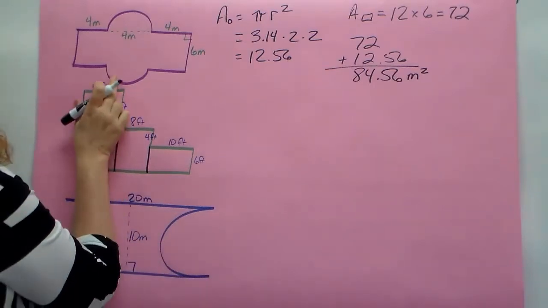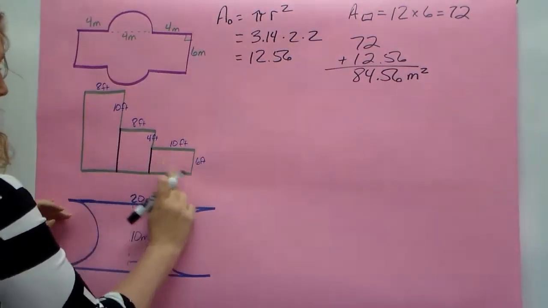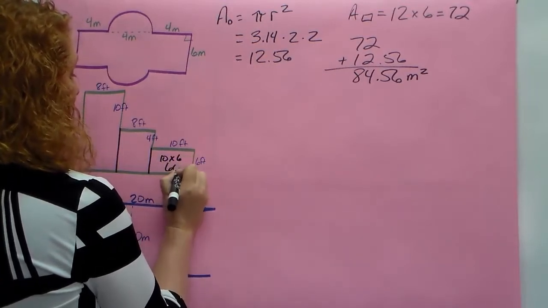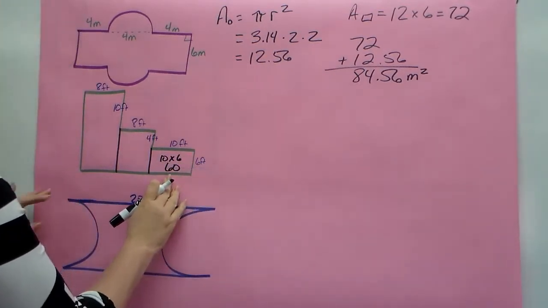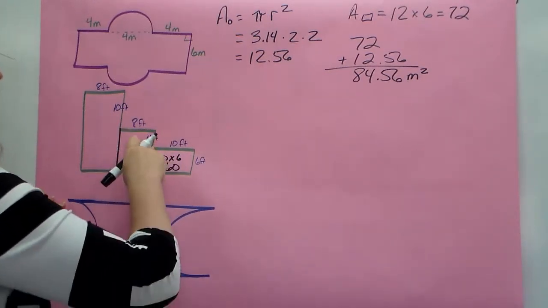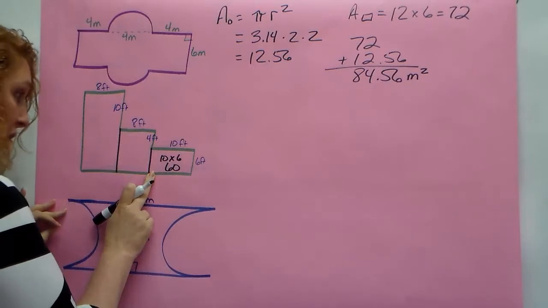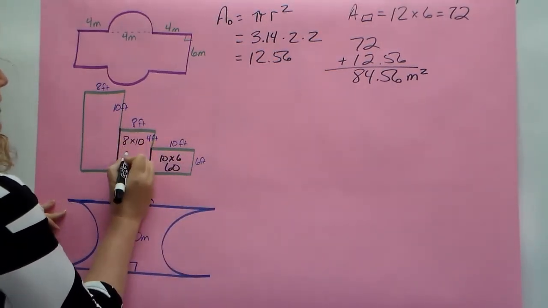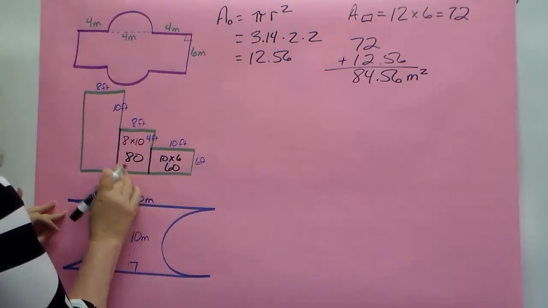So my first rectangle, let's take this one because it's easy. This is 10 by 6, so this is 60 feet squared. This one is 8 across, but it's 4 and 6 tall. And 4 and 6 is 10, so this is really 8 by 10, which is 80.